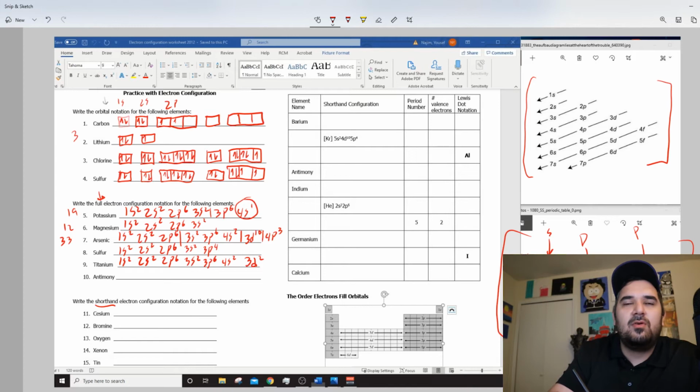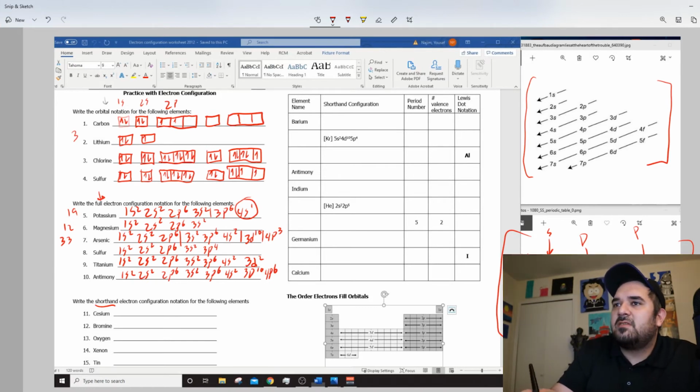Next one we have is antimony. Antimony is Sb. Sb is 51. This is going to be the longest one we have, so let's go ahead and get it. So 1s2, 2s2, 2p6, 3s2, 3p6, 4s2, 3d10, and then after 3d10 we have 4p6, and now we're at 36.